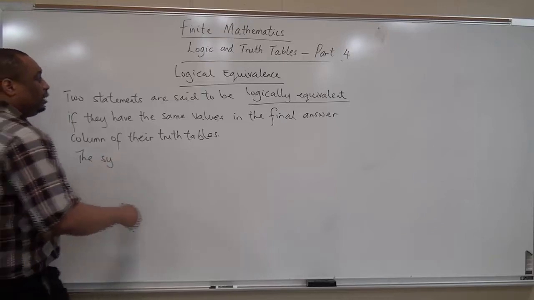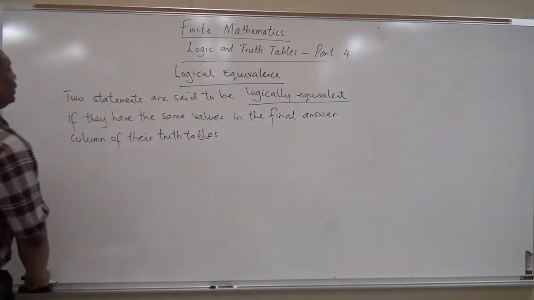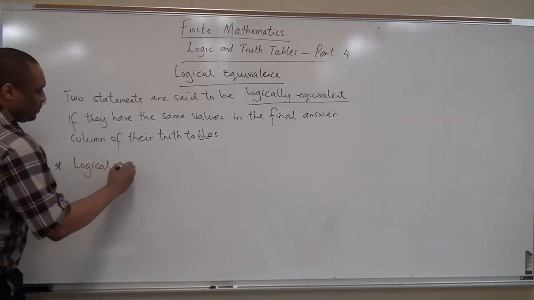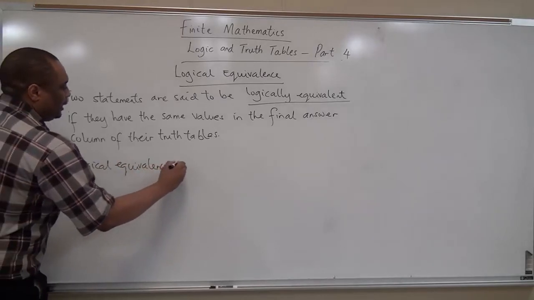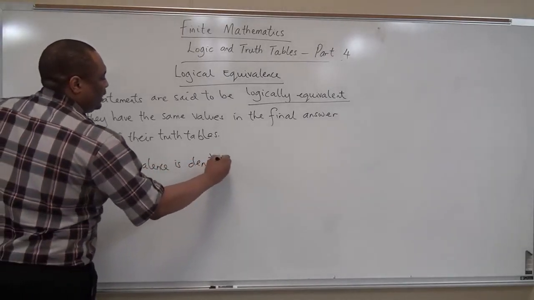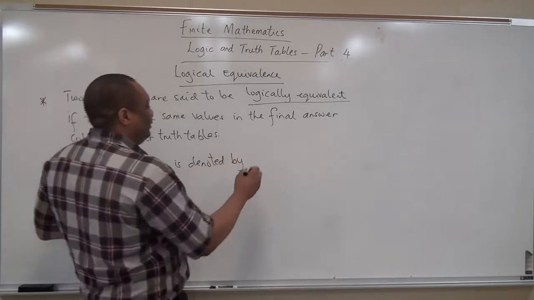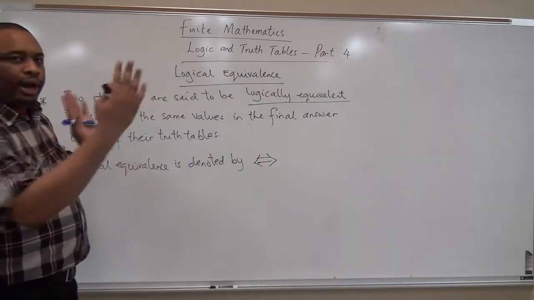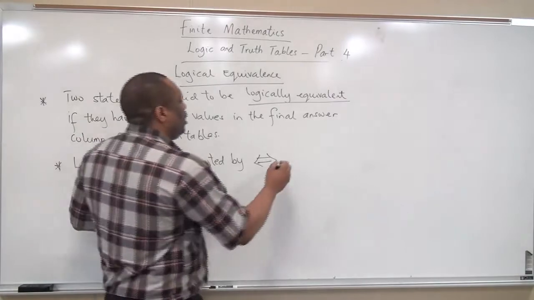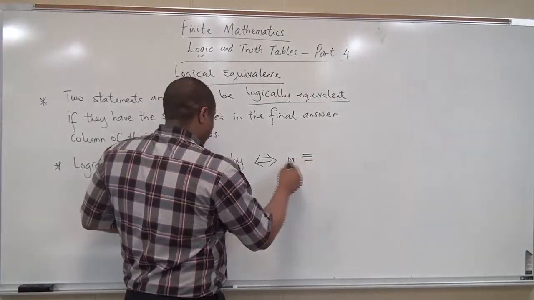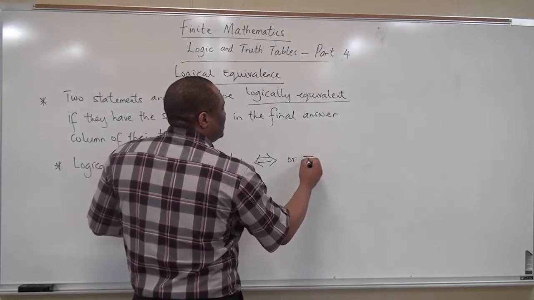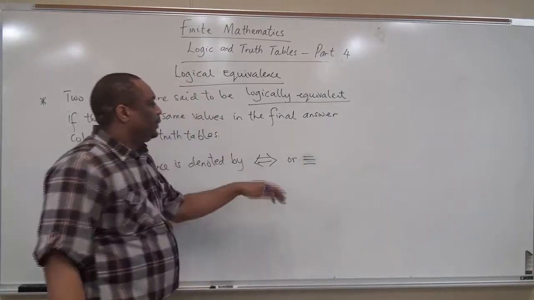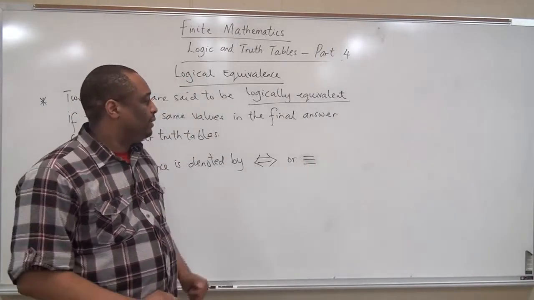Logical equivalence is denoted like this, a double arrow with two lines in between, or some textbooks will denote it with three equal horizontal lines. Either of these means logical equivalent.